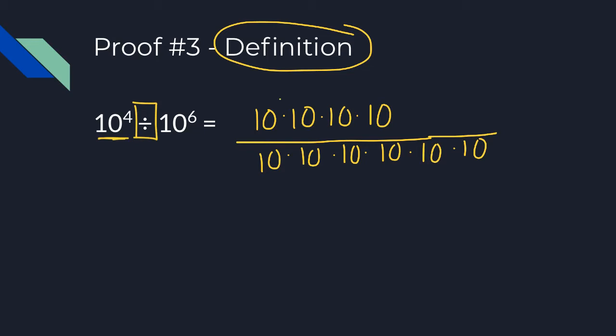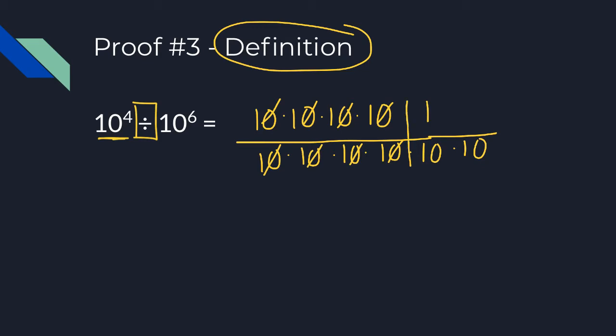So if I cancel, cancel, cancel, cancel, I don't have nothing on top. Excuse me, if I had nothing on top, my fraction would just be 0. I actually have a 1 up there as a placeholder.